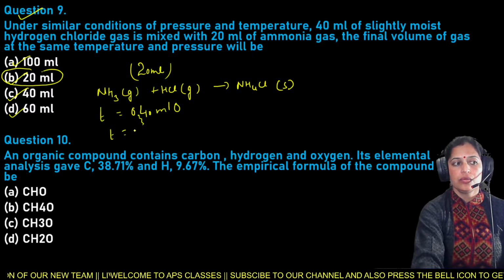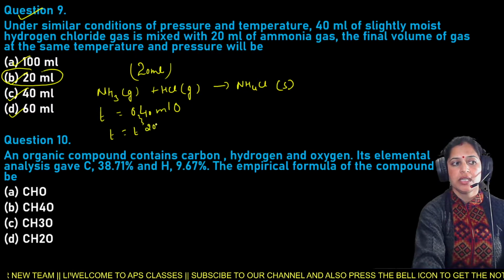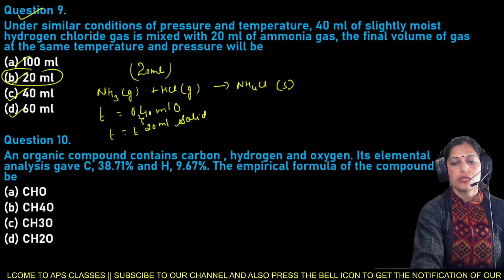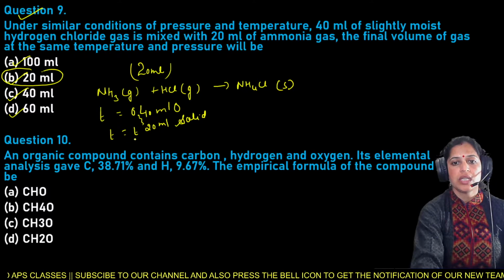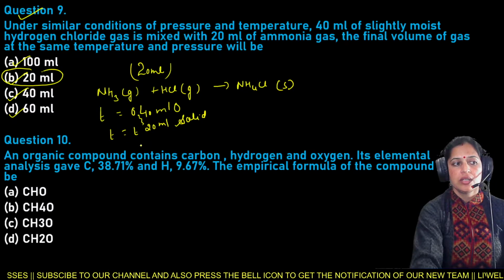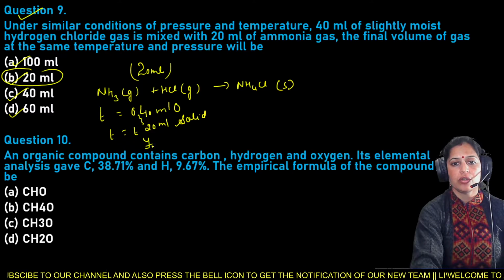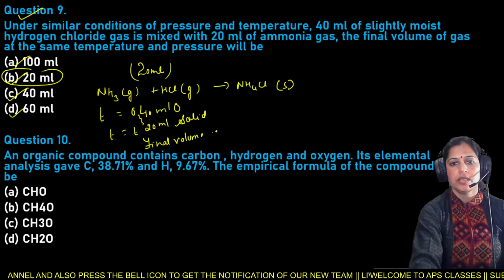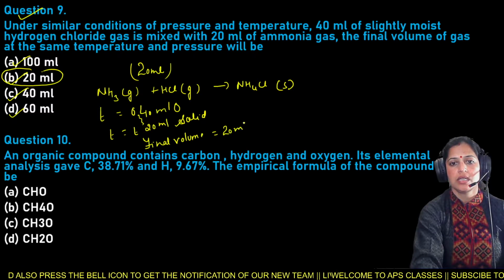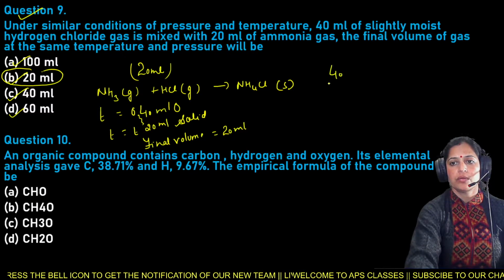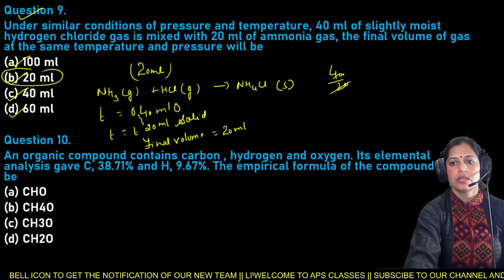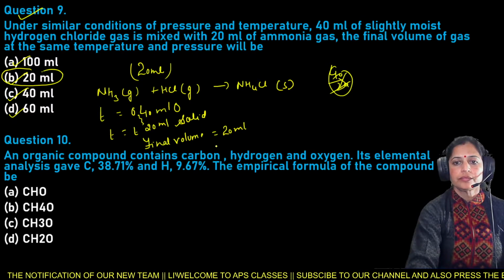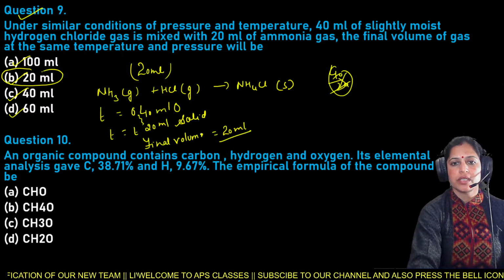Then at time T equal to T, 20 ml is left, along with solid. The final volume is 40 minus 20, which is equal to 20 ml.